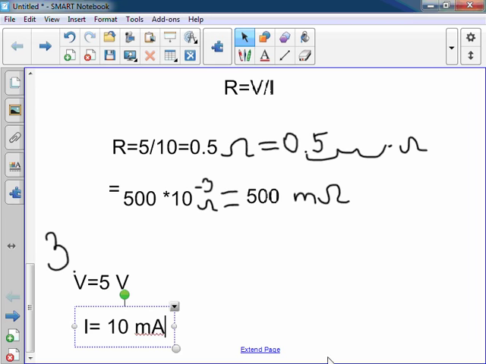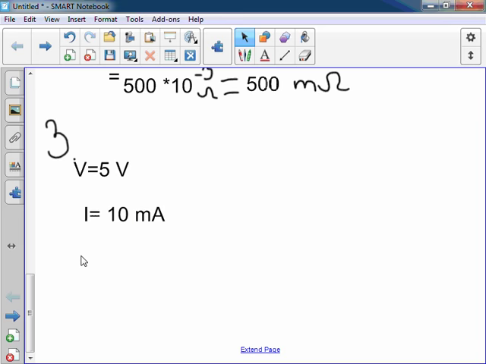Now, I'm of course looking for resistance. The very first problem I have is that 10 milliamps. I cannot have a number in milliamps and plug it into the formula. No, no, no. I will get a wrong answer.